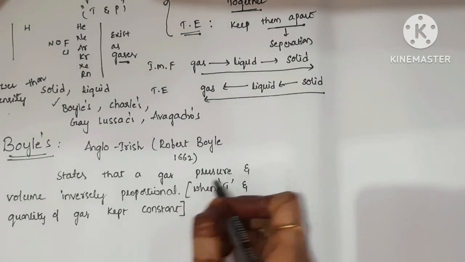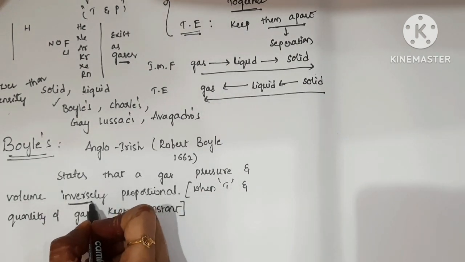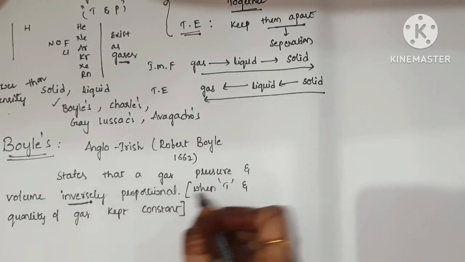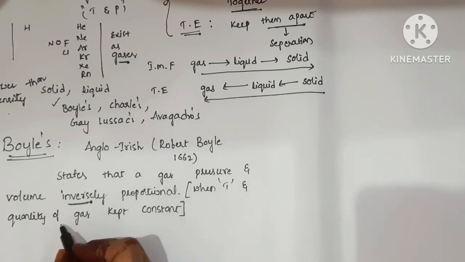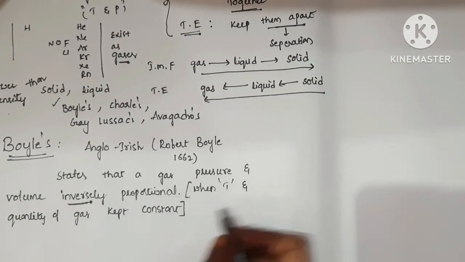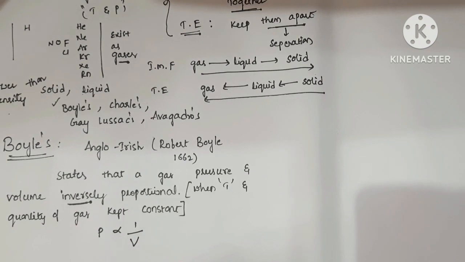Here you have to observe that pressure and volume are inversely proportional when temperature and quantity of gas are kept constant. That means P is inversely proportional to 1 by V.